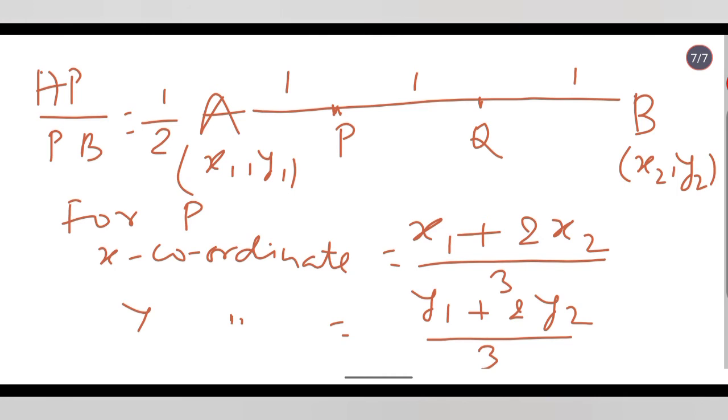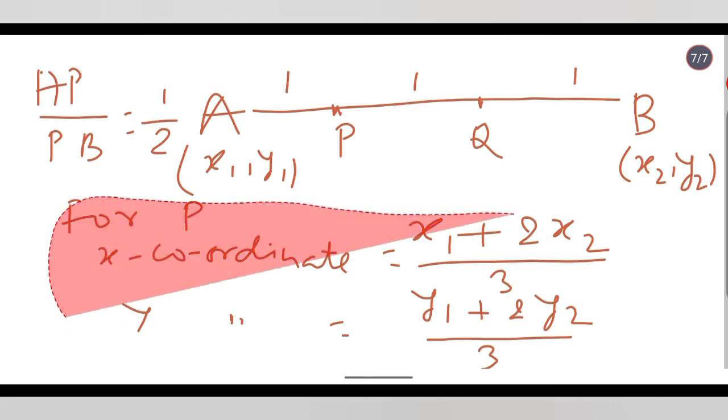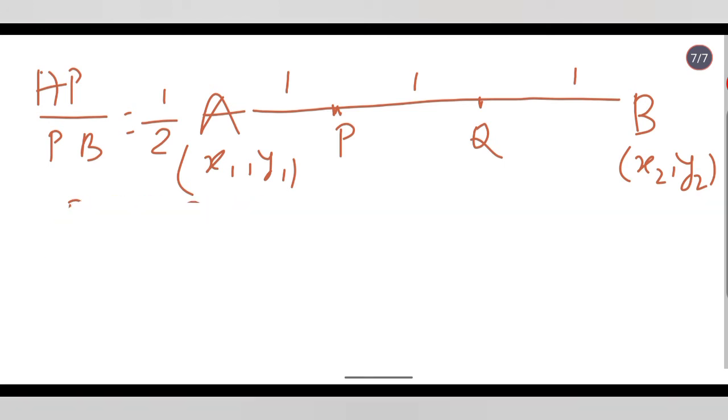Similarly, for Q, here AQ by QB equals 2 by 1.